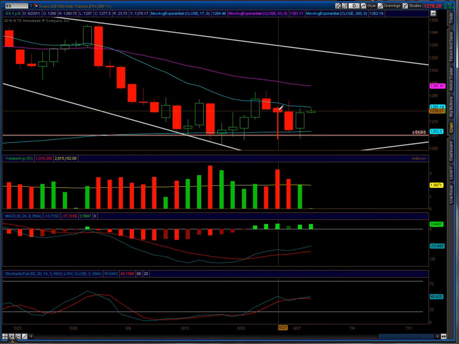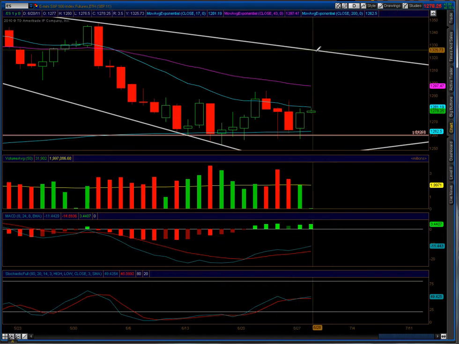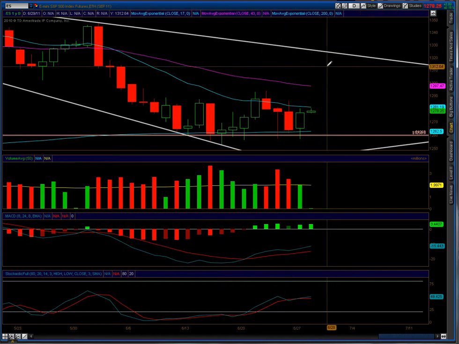This candle is called a hammer, and you have high volume, which also coincides with a bottoming candle pattern.